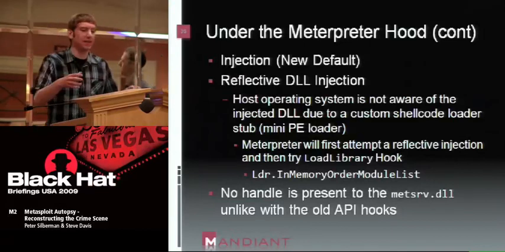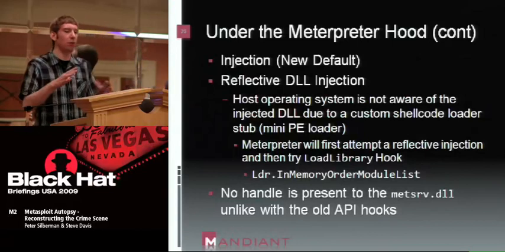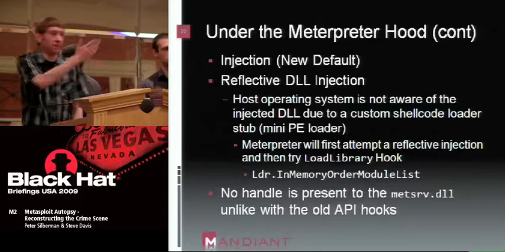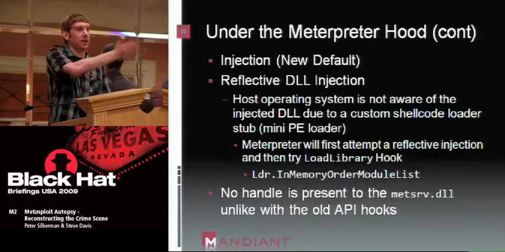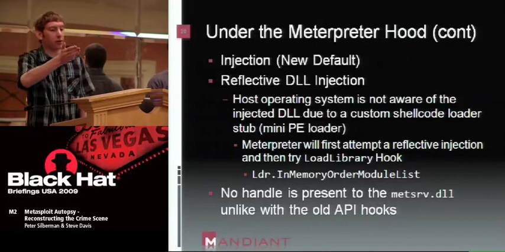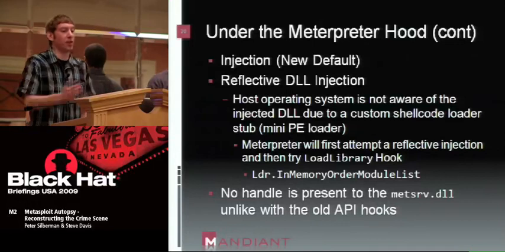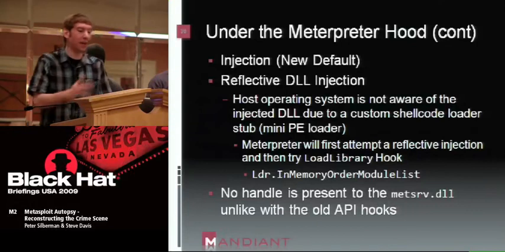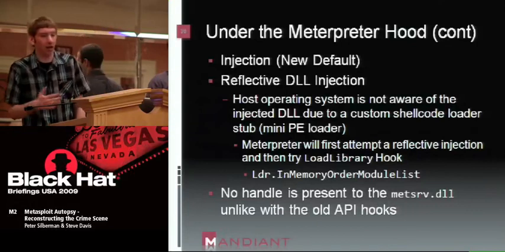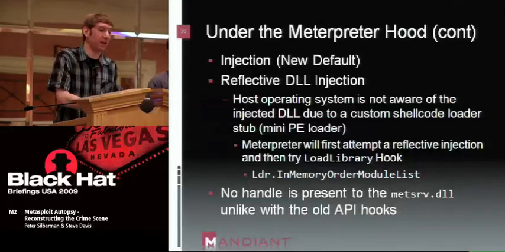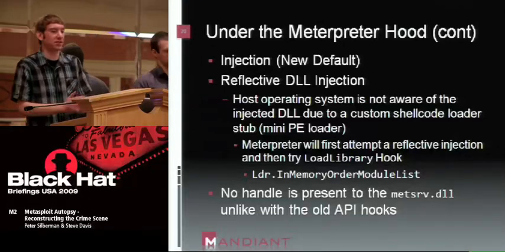We're then going to inject a DLL, but there's this really cool aspect of a shellcode bootstrap stub at the beginning of the PE, and it's basically going to walk down the PE and set up everything it needs to then call this offset for a reflective DLL loader, which is a mini PE loader. So we're not actually using the Windows PE loader, we're using this custom one. What that allows us to do is not have any handles in the process environment block to metserv.dll, and this is excellent. This is way more stealthy than before.